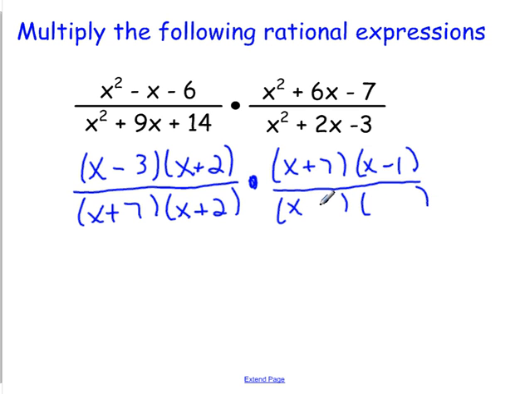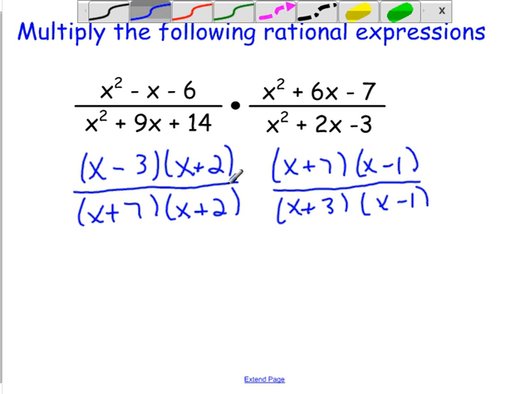So it's going to be x plus 3, x minus 1. Okay, so to multiply these, we're going to multiply the tops across and multiply the bottoms across. You're just going to essentially get rid of this multiply sign, and it's going to be one big happy fraction.